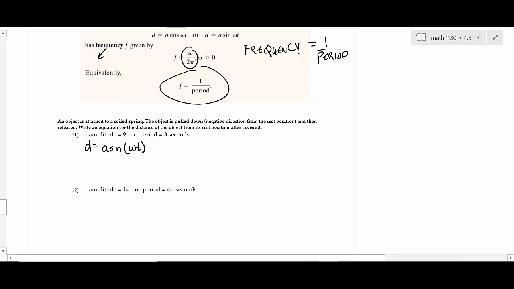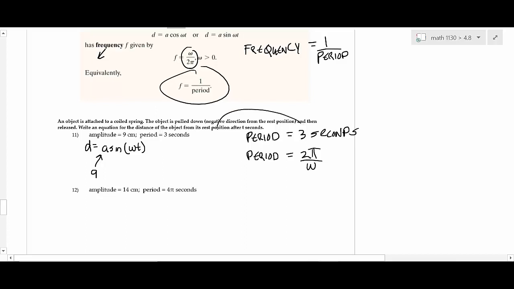Basically, the amplitude is going to be 9, so that goes like this. Then the period is going to be equal to 3 seconds. Now, that does not give you what omega is, so you have the formula: the period is equal to 2 pi over omega. You have to solve this equation.